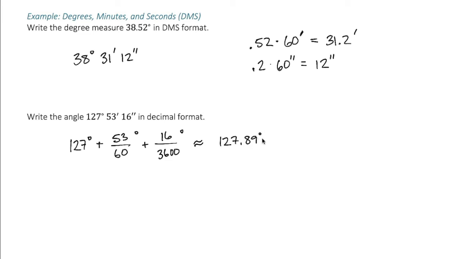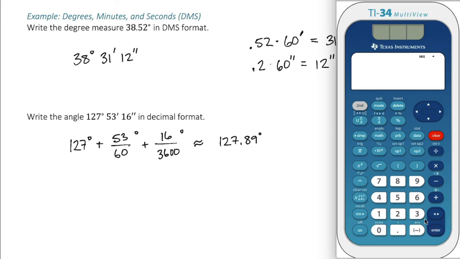Now, some calculators, in fact, most calculators, I think, will actually have the ability to convert between degree, minutes, seconds, and decimal format for us. So let me go ahead and show that to you. I'm going to start with this decimal, 38.52. And in this calculator, it's going to be in angle here.